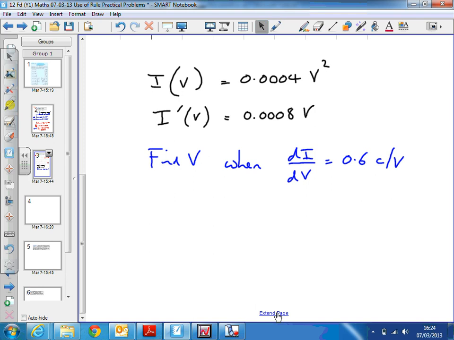So we form a little equation: 0.0008 V equals 0.6.